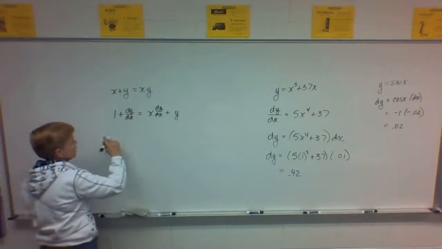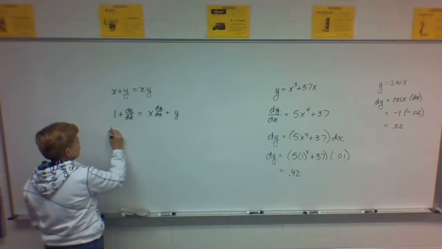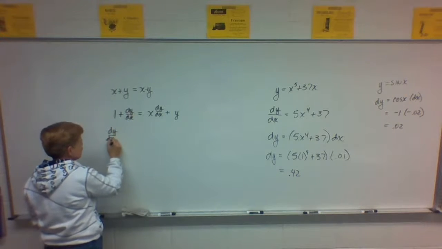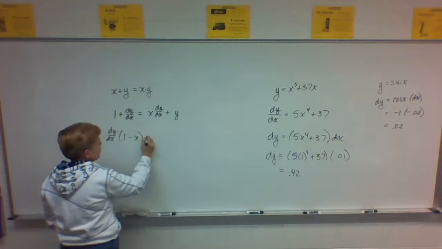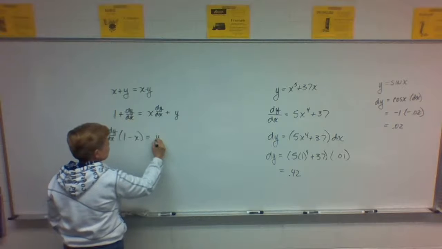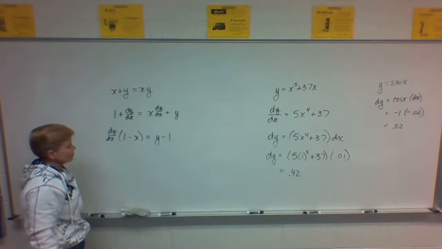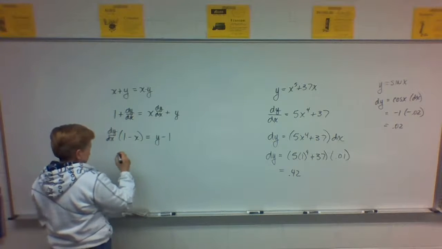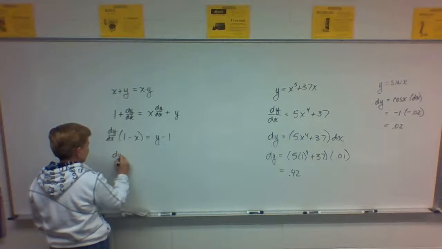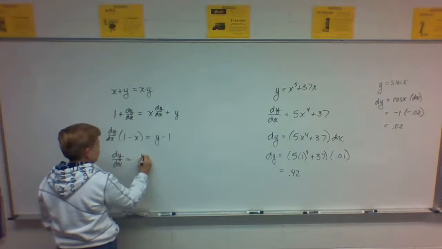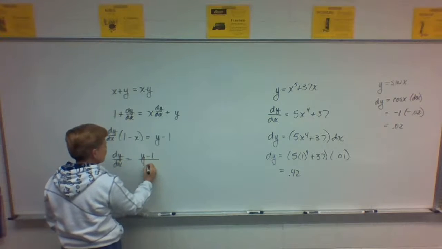Okay, I've got 2 dy dx's, so I'm going to take dy dx out, and I'm going to have 1 right there, minus x equals y minus 1. Did I do that too fast? No. Then dy dx is going to be minus 1 over 1 minus x.